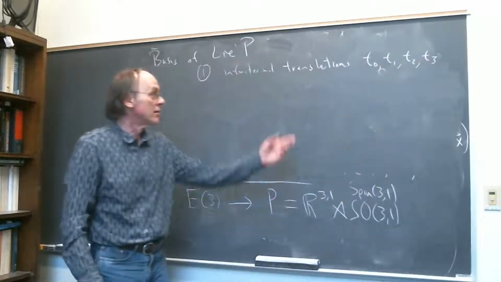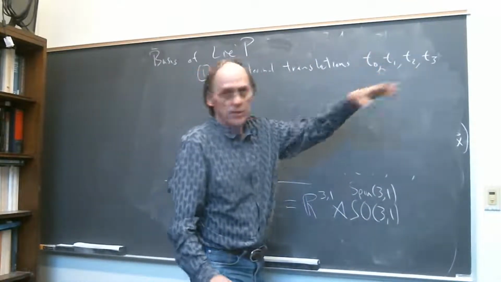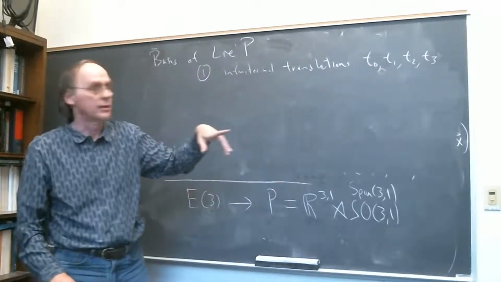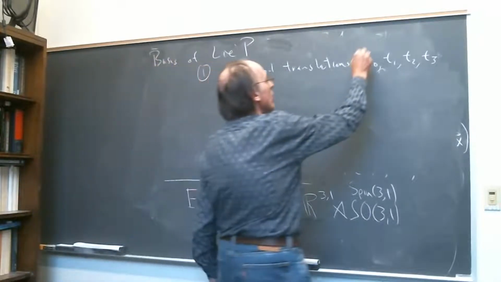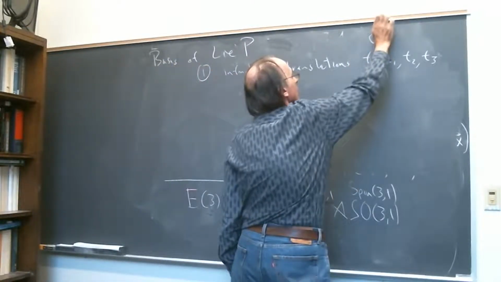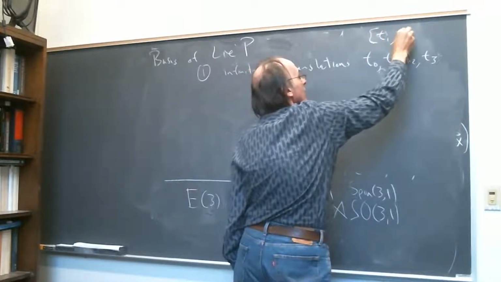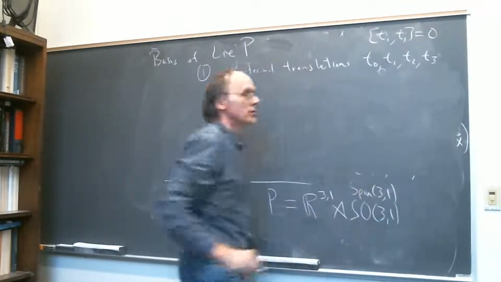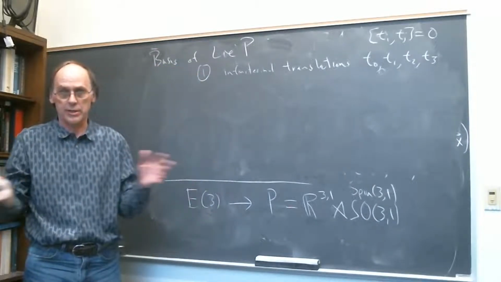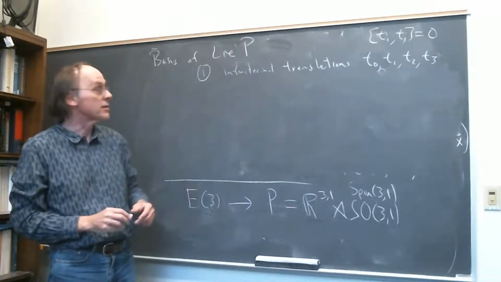These all commute with each other, so the bracket of any of these is 0. That's the standard story about translations in 4 dimensions.